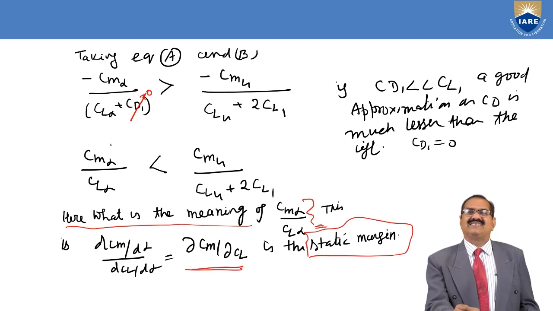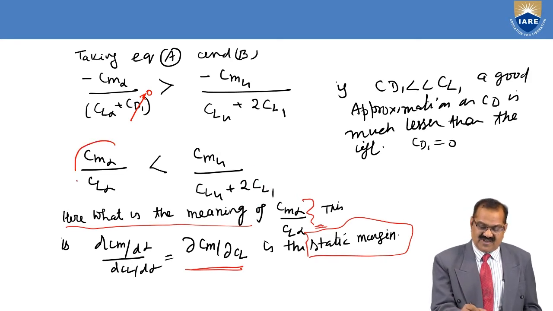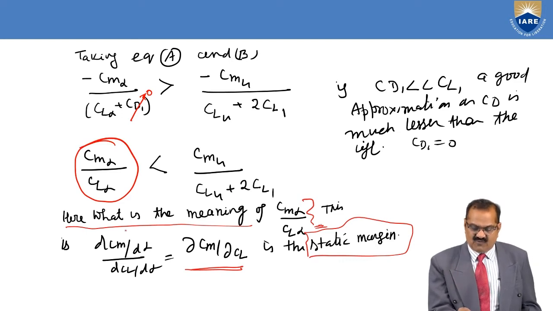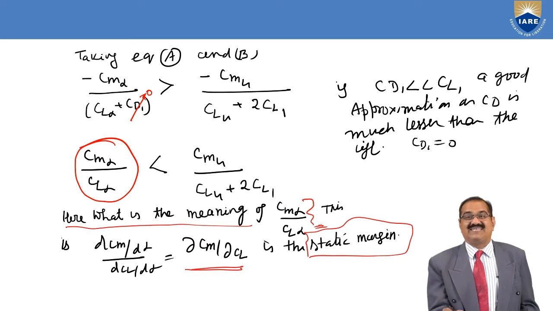So here we will get CM alpha by CL alpha should be less than CMU by CLU plus 2CL1. This is a very good parameter here. So what is the meaning of CM alpha by CL alpha? We have seen in the previous static stability in units 1 and 2 that dCm by d alpha by dCl by d alpha is called dCm by dCl, and it is called the static margin.